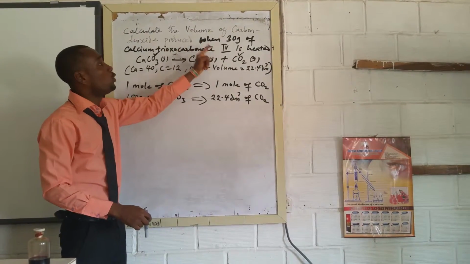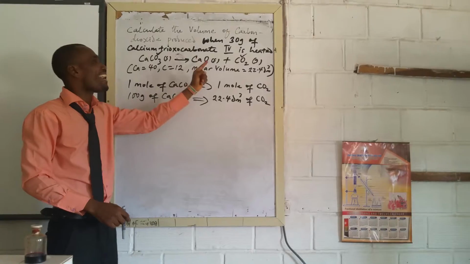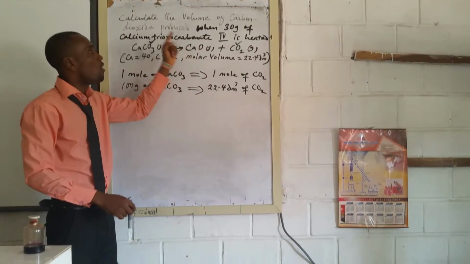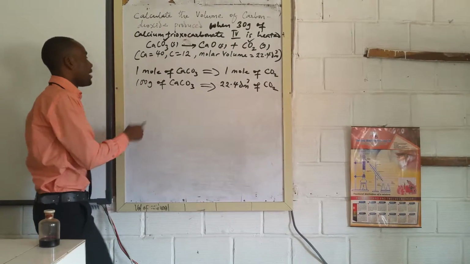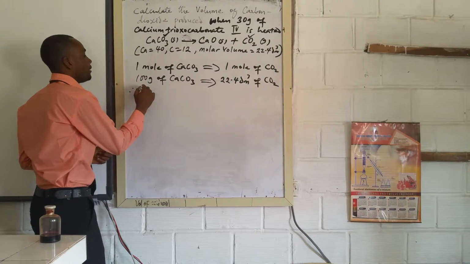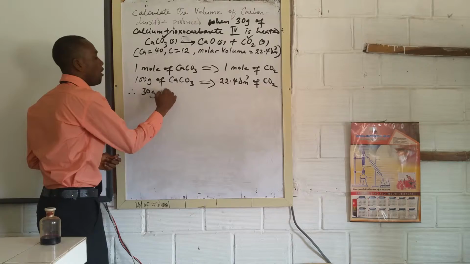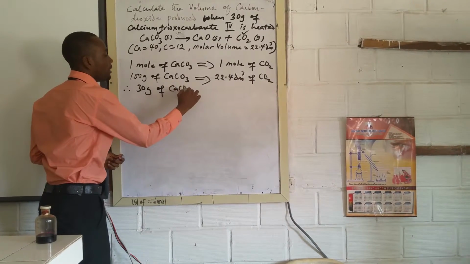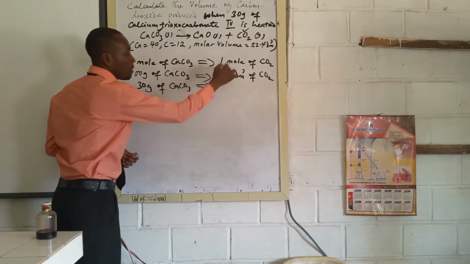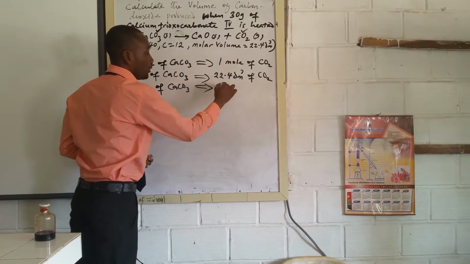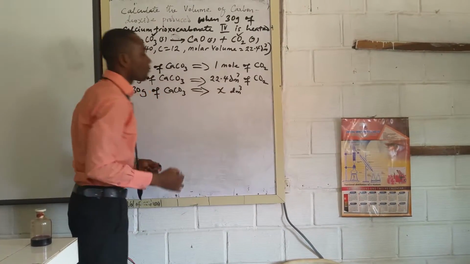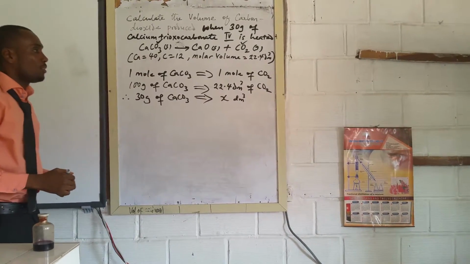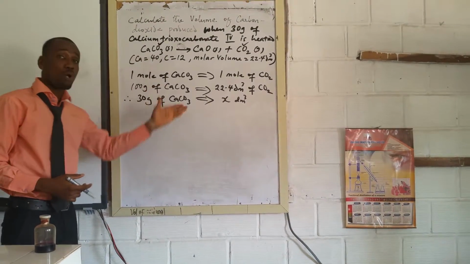So what is the volume of carbon dioxide that 30 grams of calcium trioxocarbonate will yield? You now come here and write, therefore, 30 grams of calcium trioxocarbonate will yield what volume of carbon dioxide? We don't know. Let's use X dm³. Right? So the X is to be solved for.